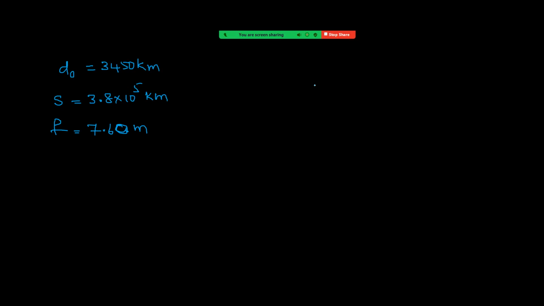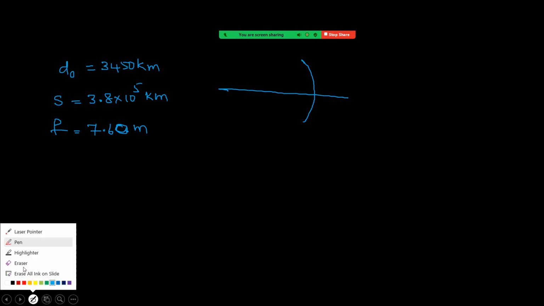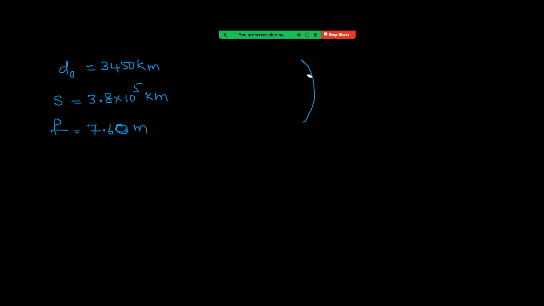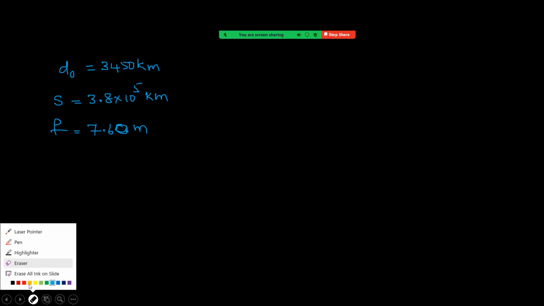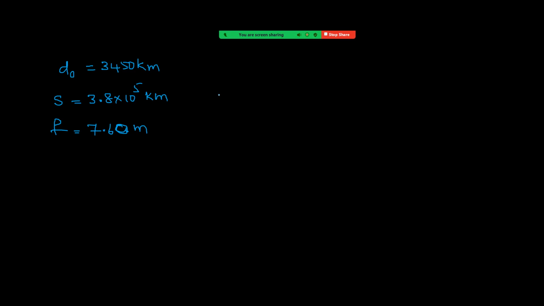Now see how to solve it. Let us make a diagram. It is given a concave mirror. So here the main point is the distance between Earth and Moon.